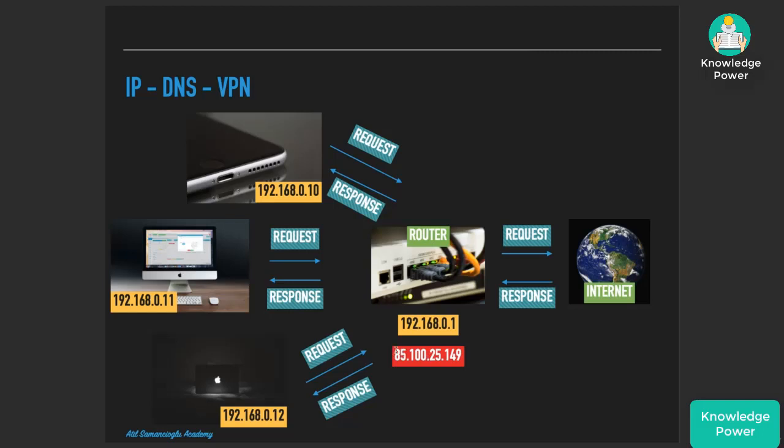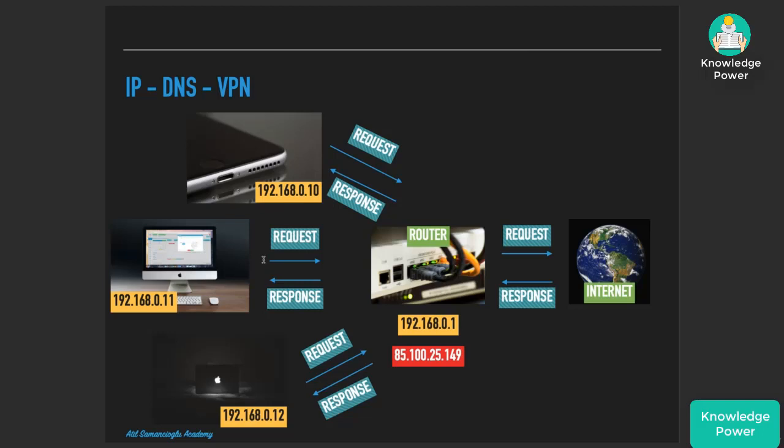But over here, we only have one public IP address, which is 85.100.25.149 in this case. But we also have some local IP addresses. These local IP addresses are assigned by the router to the individual devices in your home or in your network.